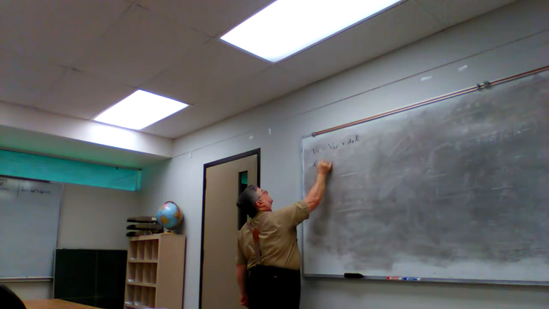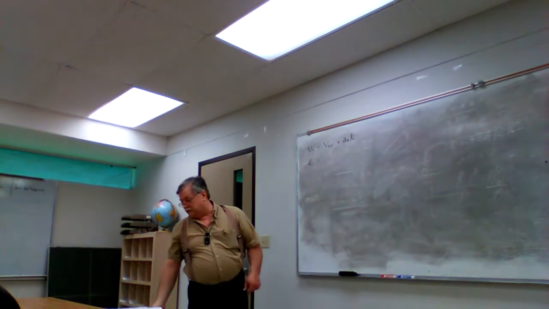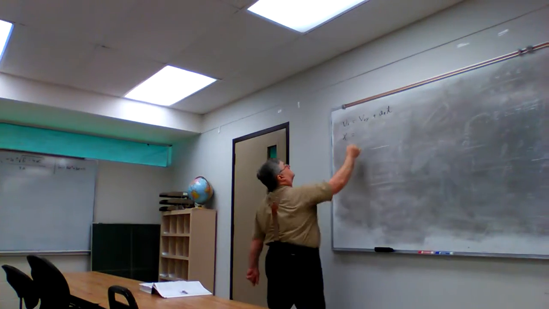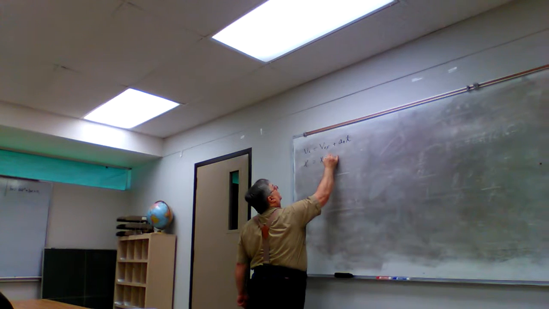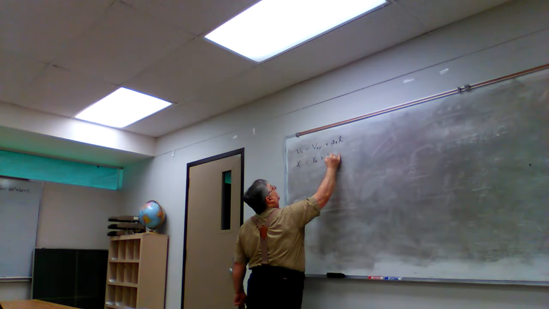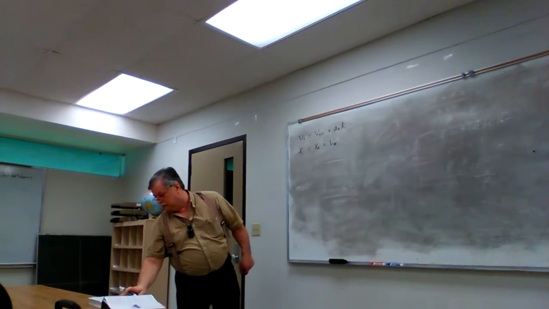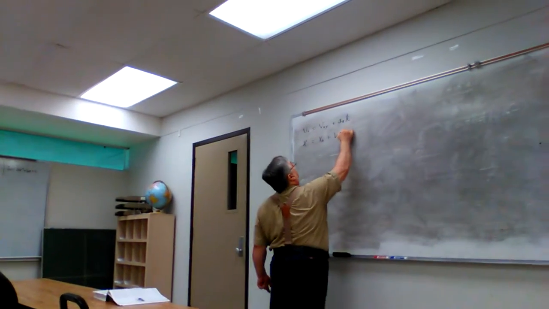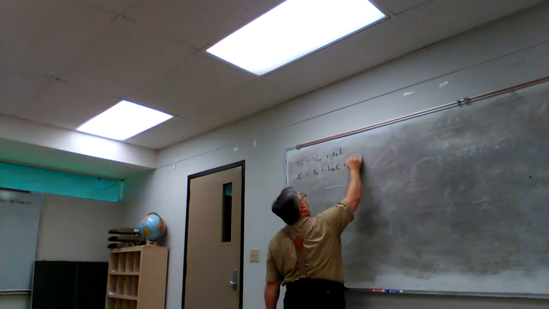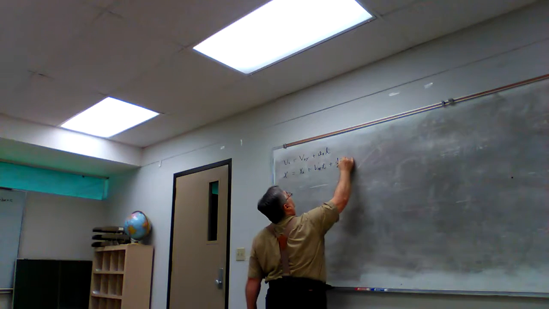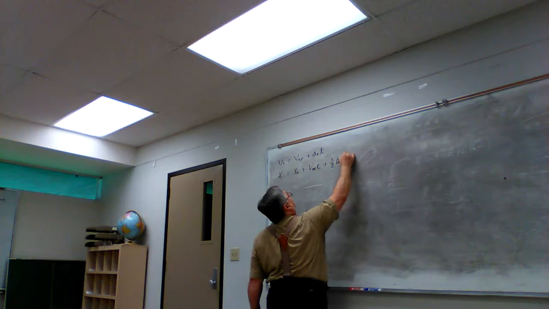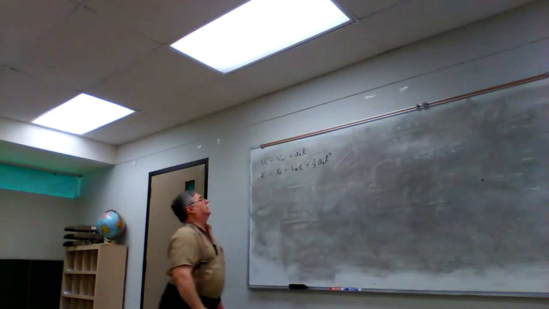We have x, which is equal to x sub naught plus v sub naught in x times t plus 1/2 acceleration in x times t squared.